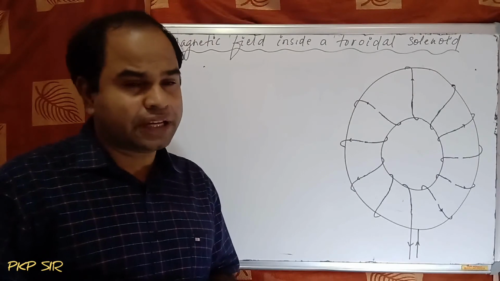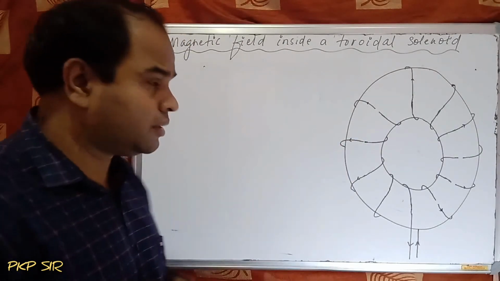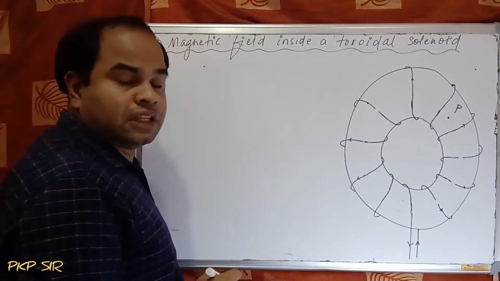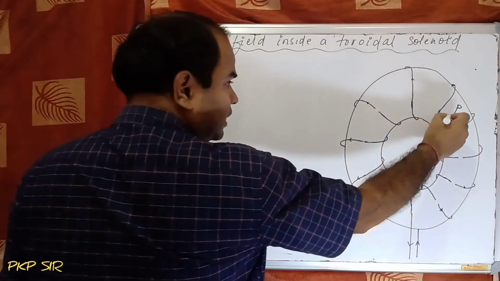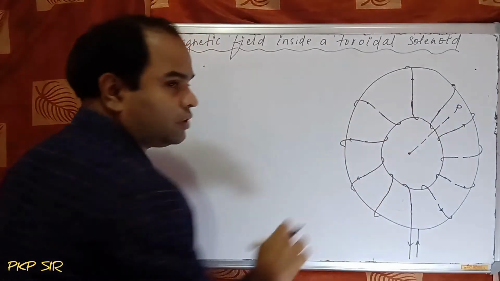To find the magnetic field inside the toroid, consider a point P inside the toroid. Let that point be at distance r from the center of the toroid.